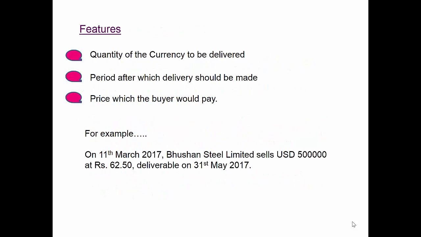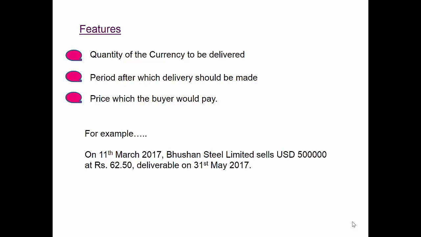Features of a forward contract are: the quantity of the currency to be delivered is fixed or agreed upon. The period after which delivery should be made is also agreed upon. The price at which the buyer would pay is also defined in the contract.